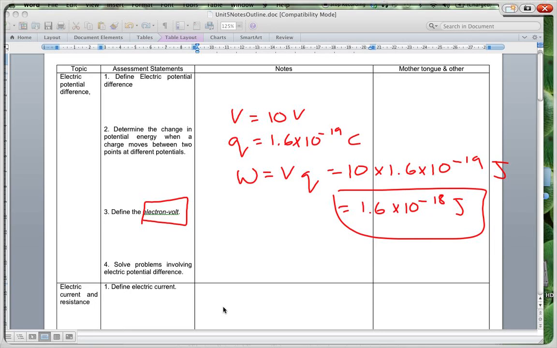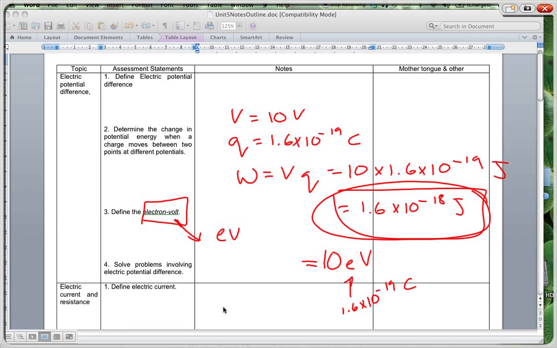So they said, okay, we need another unit to describe this. So they talk about an eV, an electron volt. I wouldn't write this as 1.6 times 10 to the minus 18 joules. I would write this as 10 eV, where this E is 1.6 times 10 to the negative 19 coulombs.